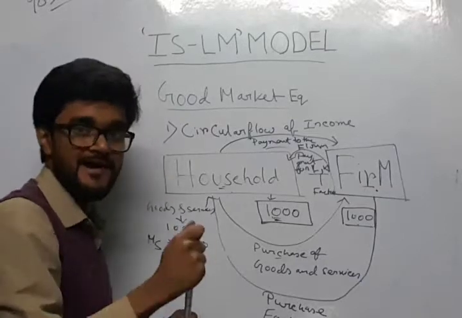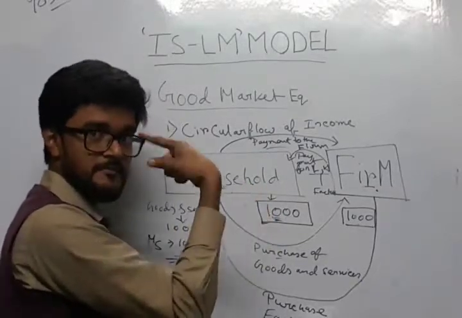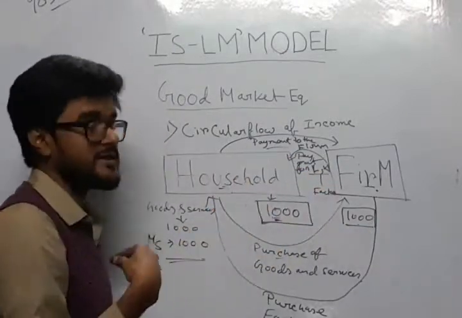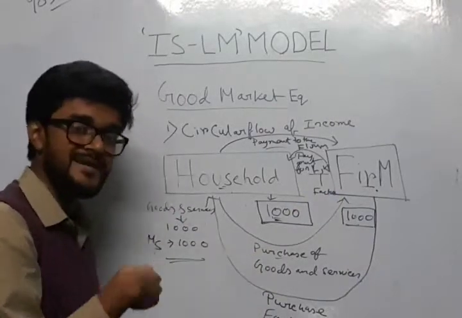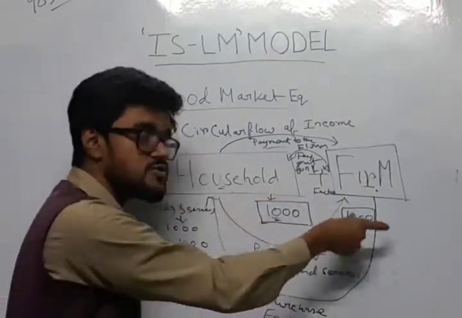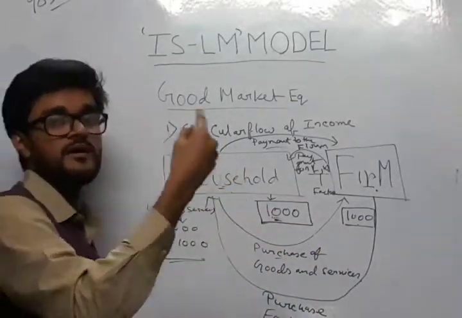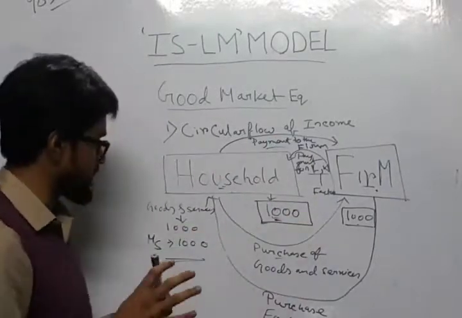The income that the household generates by selling factors of production to the firms, or the income that the firm generates by producing output and selling it to the household, that 1,000 rupees is flowing in a circle in this way. So we call it circular flow of income.